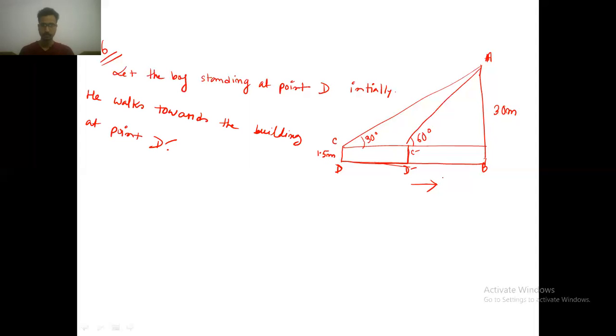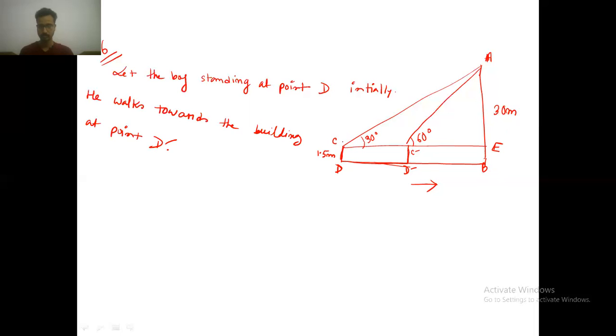Now see, from the figure, suppose this is point E. Your AE will be AB minus BE. Now see, this is a rectangle. This is the height of the boy. The height of the boy is given 1.5 meter. Now this is his position of the eye. Now see, CD and BE will be equal. Yes or no?